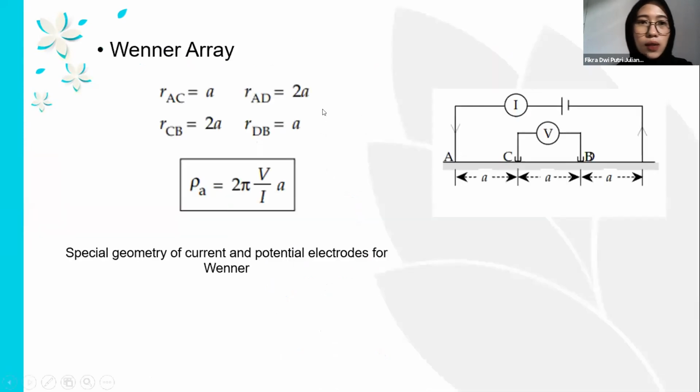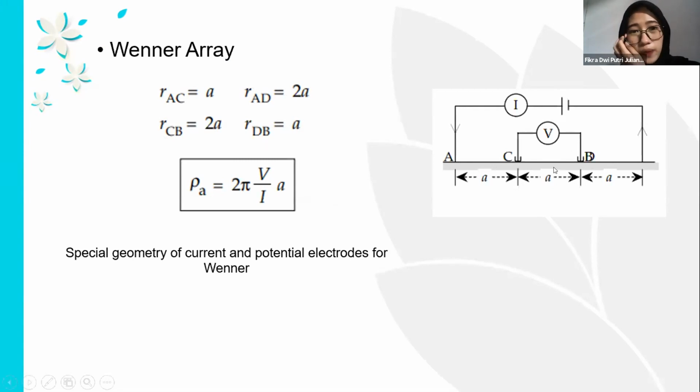So next, this is the Wenner array. The Wenner array has a special geometry of current and potential electrodes. The current and potential electrode pairs have a common midpoint, and the distances between adjacent electrodes are equal. So that RAC is a and RCB is 2a and RAD is 2a.